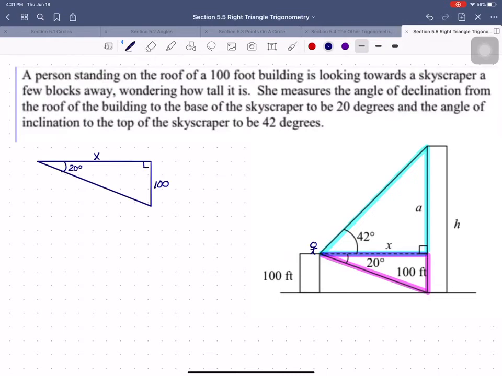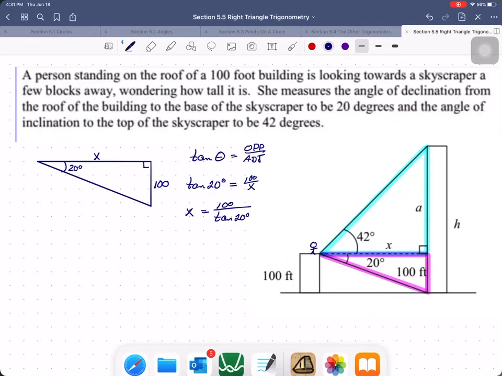So again, I'm going to remember that the tangent of any angle is equal to the length of the side opposite that angle divided by the length of the side adjacent to that angle, as long as we're dealing with one of the non-right angles in a right triangle. So that means that the tangent of 20 degrees is going to be equal to 100 over x. Now, I really want x, so x is equal to 100 divided by tangent 20 degrees.